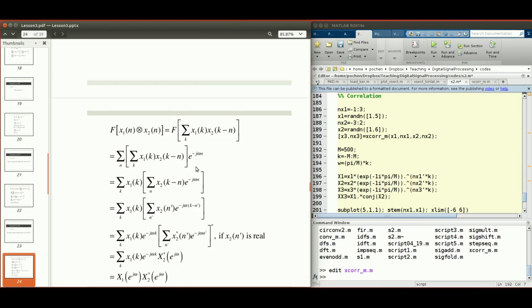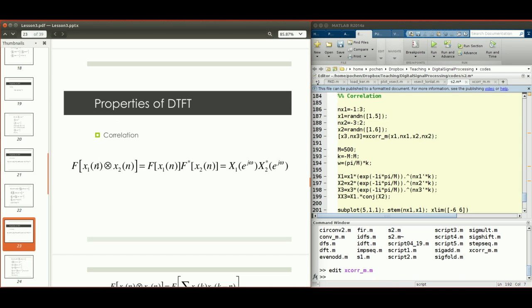So that's why you have this equality. The Fourier transform of the correlation of two signals equals the Fourier transform of the first signal multiplied with the conjugation of the Fourier transform of the second signal. Because of this conjugation, the correlation is not commutative.